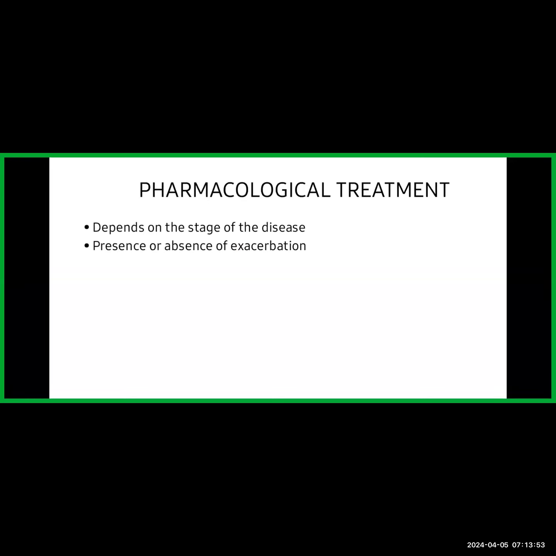For pharmacological treatment, please pardon me for not discussing this here, except during my discussion of the topic. However, the pharmacological treatment depends on the stage of the disease and whether there is an exacerbation or not. For this index patient, we don't actually know the stage, but I believe it's just chronic obstructive pulmonary disease, not in exacerbation, being that the sputum is whitish, there is no fever, and the symptoms have been there for 3 months.